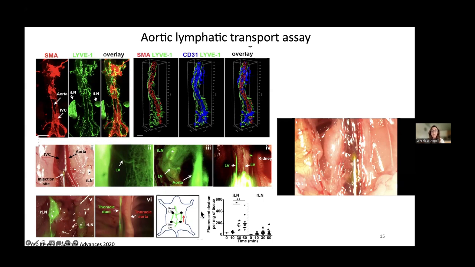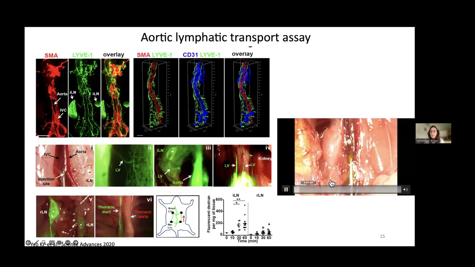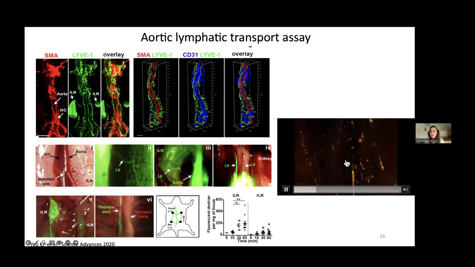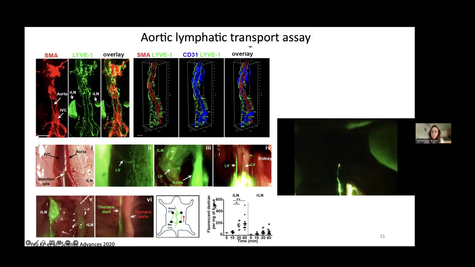And we can see here that we can detect this fluorescent dye in the draining lymph node. I have a small video here to show how this dye, after injection in the adventitia layer, was taken up by the lymphatics and then drained further down to the lymph node.